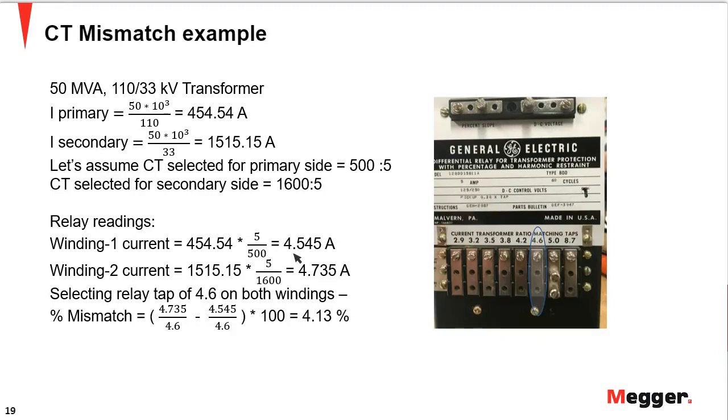You would not want to do that, because now you're compromising your protection ability by choosing a tap which is lower than your actual FLA. That's why with electromechanical relays it's always better to choose very close to what value we have, which is 4.6 in this case, which is a little higher. We do see there is a mismatch percentage, but that is the best we can do.